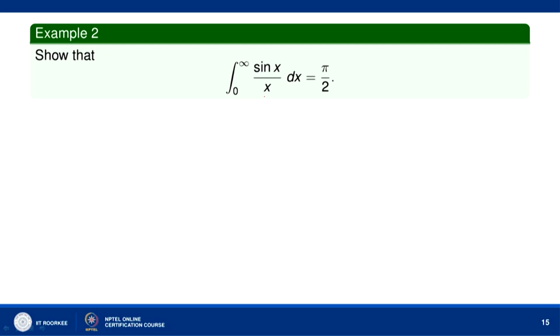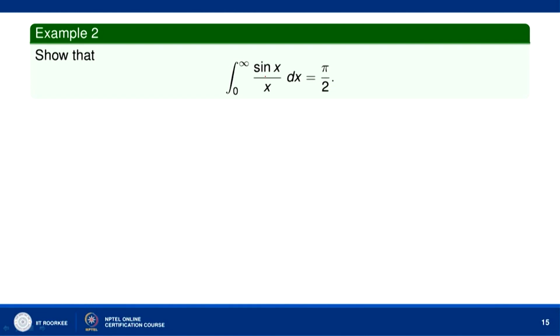Now, this integral is not of the type which we have discussed just now, because here the degree difference is not 2. When we write the corresponding contour integral, e to the power i z divided by z, then at z equal to 0, which lies on the real axis, the integrand has a simple pole.